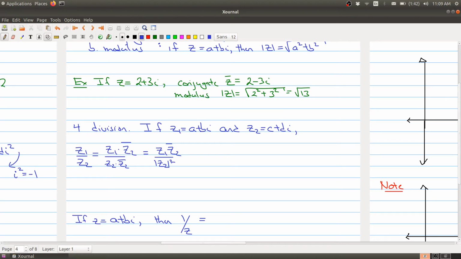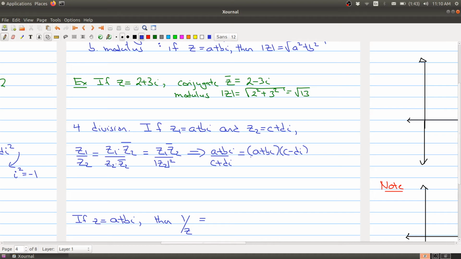Now, if you don't like this so much, it gets a little confusing. Here is the formula in terms of the a, b, c's, and d's. So if you have a plus bi over c plus di, when you divide it, what you're getting is a plus bi times c minus di, that's the numerator.